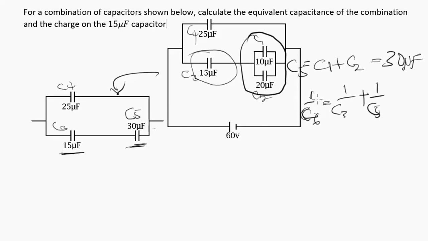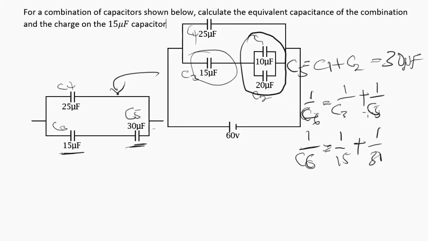So 1 over C6 is equal to 1 over C3 plus 1 over C5. What's 1 over C3? 1 over C3 is 1 over 15, right? And 1 over C5 is 1 over 30. So 1 over C6 is simply 1 over 15 plus 1 over 30.